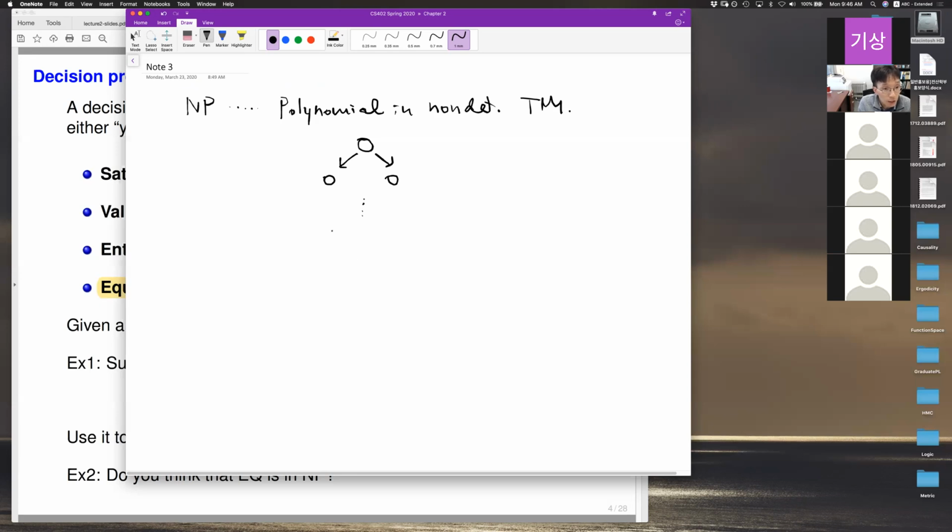If this algorithm should belong to NP, all of these forked processes should end in polynomial time. The computation depth should be polynomial in the size of the input.